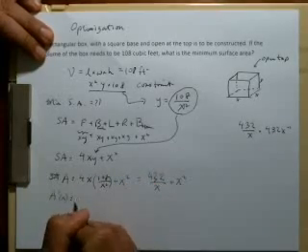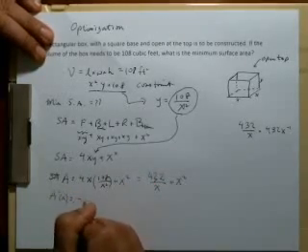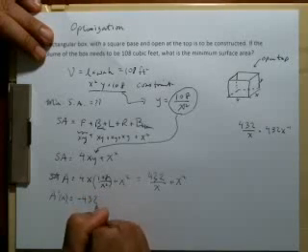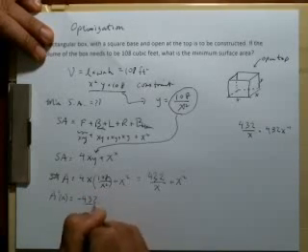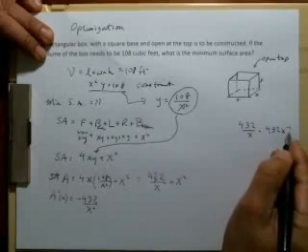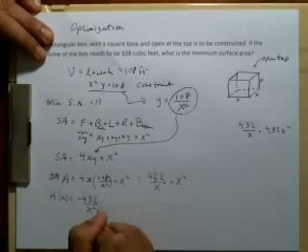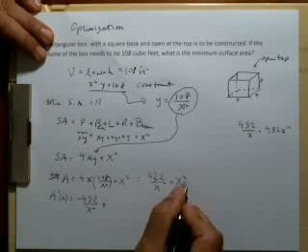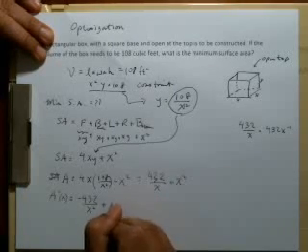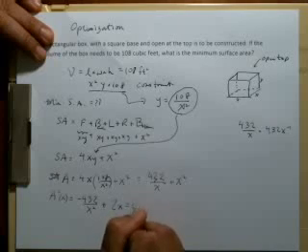So it's going to be negative 432 over x squared. X to the minus 2 is x squared in the denominator, plus the derivative of x squared is 2x, and we set that equal to 0.